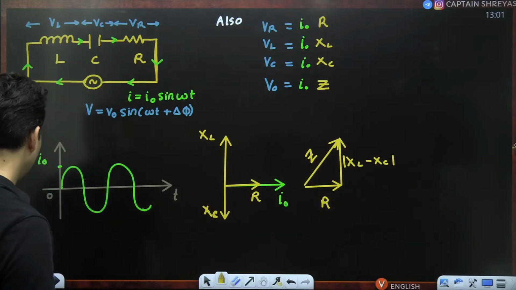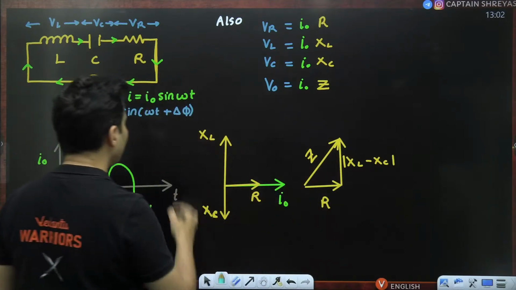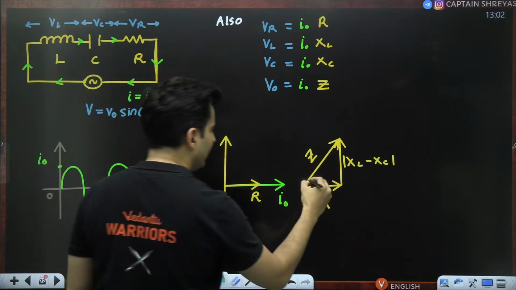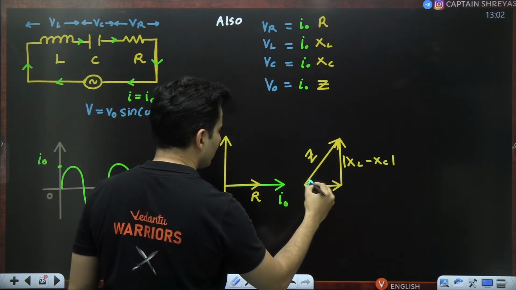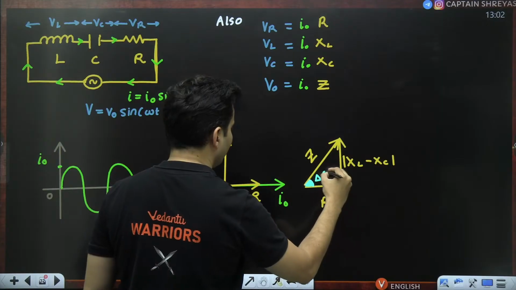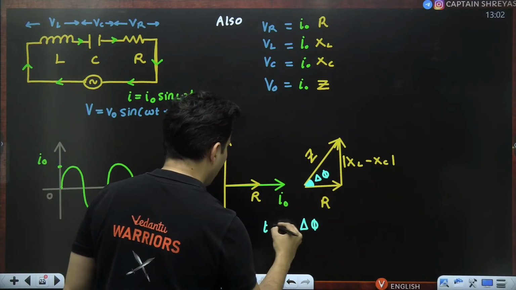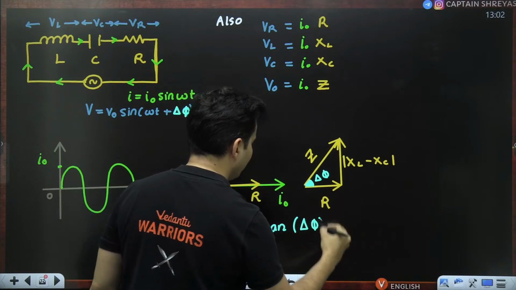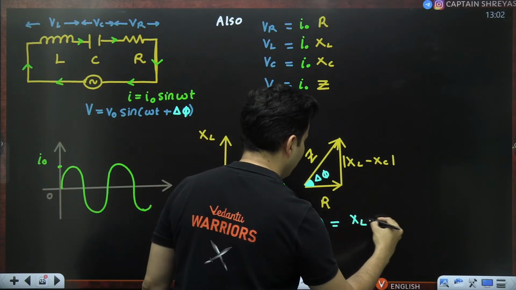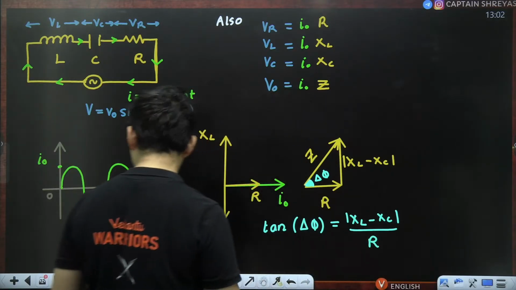Keep this in mind. Now talking about the phase difference, which we were writing over here. Sir, what about this delta phi? This delta phi is exactly over here. So this angle that you see, my dear warriors, this is your delta phi, and clearly you can see if you take the tan of this delta phi, opposite by adjacent, it is |XL minus XC|, whichever is big, whole thing by resistance.